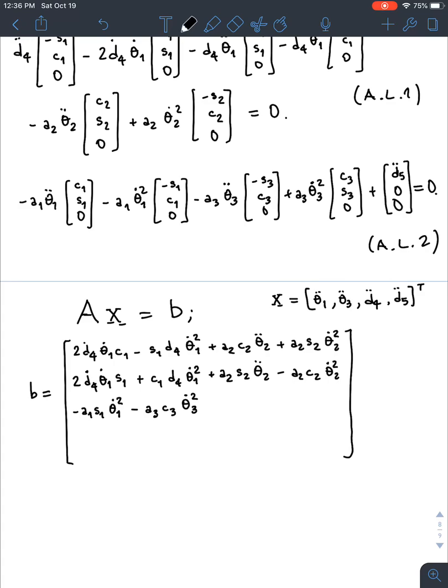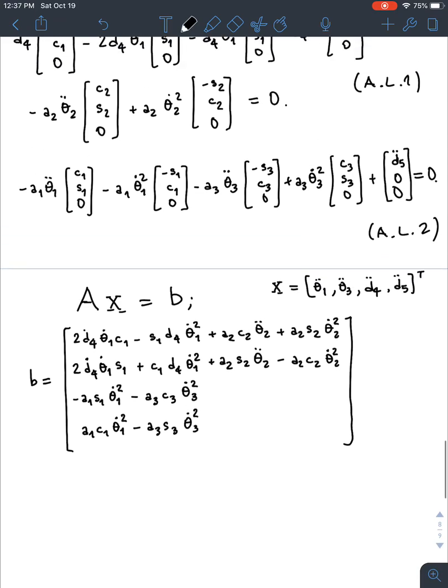And the final element of the vector B comes from the second row of our AL2 equations, and that is going to look like a1 cosine 1 theta 1 dot squared and a minus a3 sine 3 theta 3 dot squared.